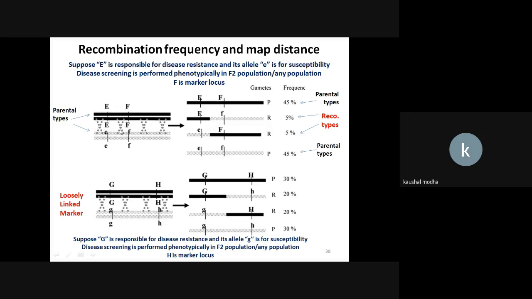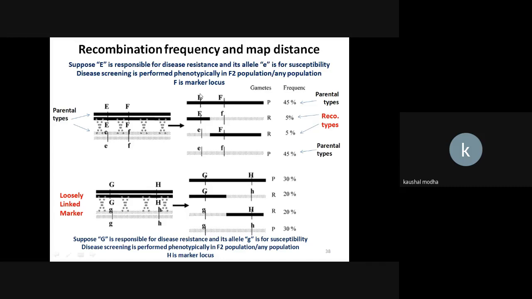When this low frequency recombination occurs and you classify the individuals as parental and recombinant, you look at the dominant gene of the trait and the marker. Let us say capital F means presence of band and small f means absence of band. Let us just consider the dominant marker.